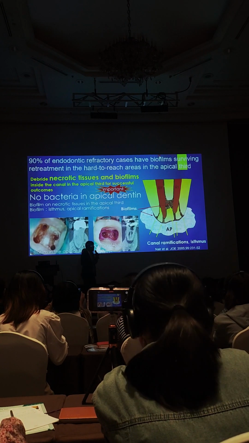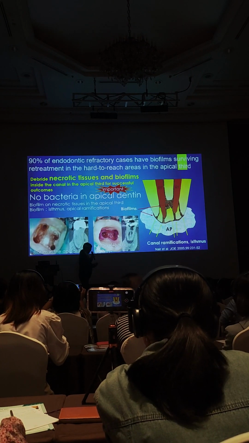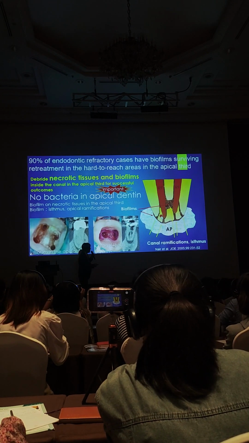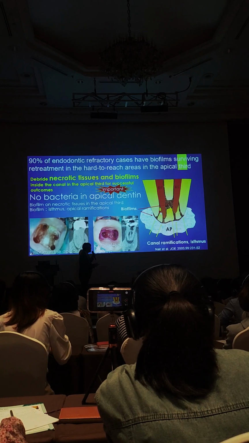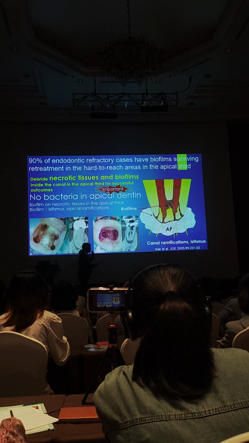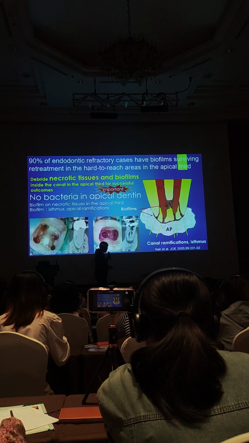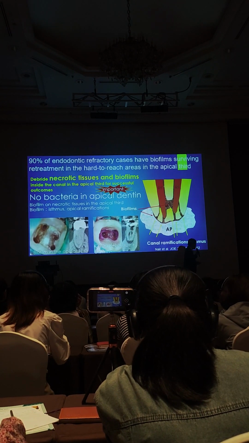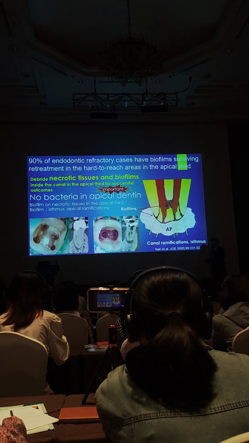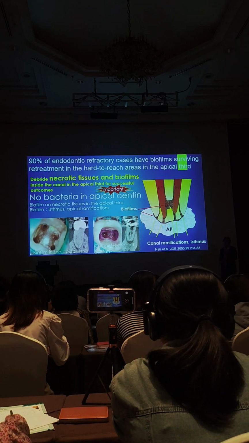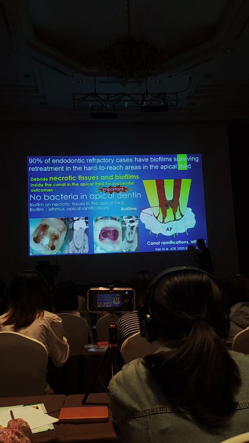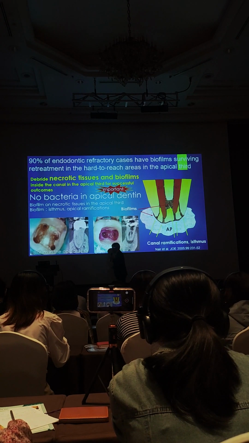You need to focus on those small anatomical spaces, including the isthmus, the apical ramifications, lateral canals. Very important. How do you know you have the apical ramifications or an isthmus? Take CBCT. CBCT usually shows those small anatomical spaces.